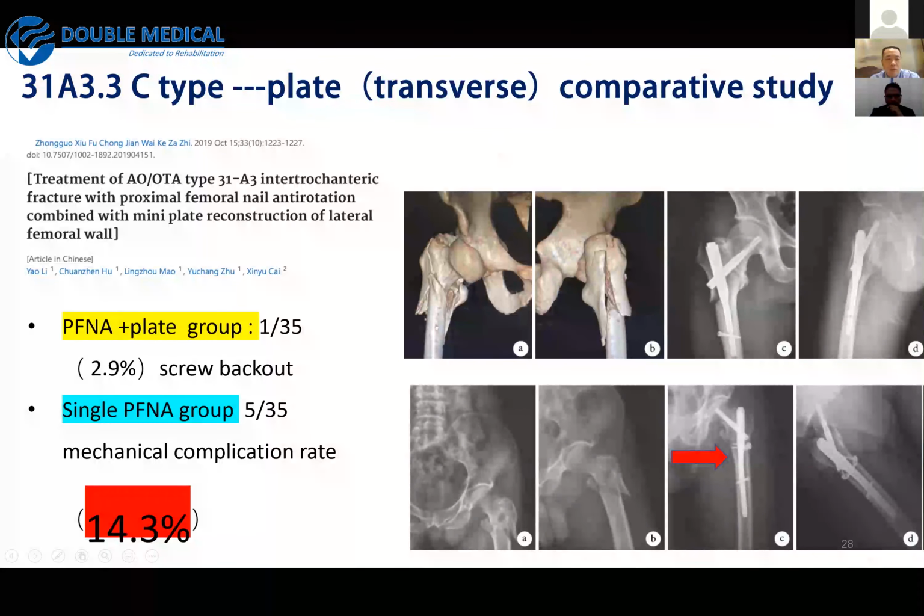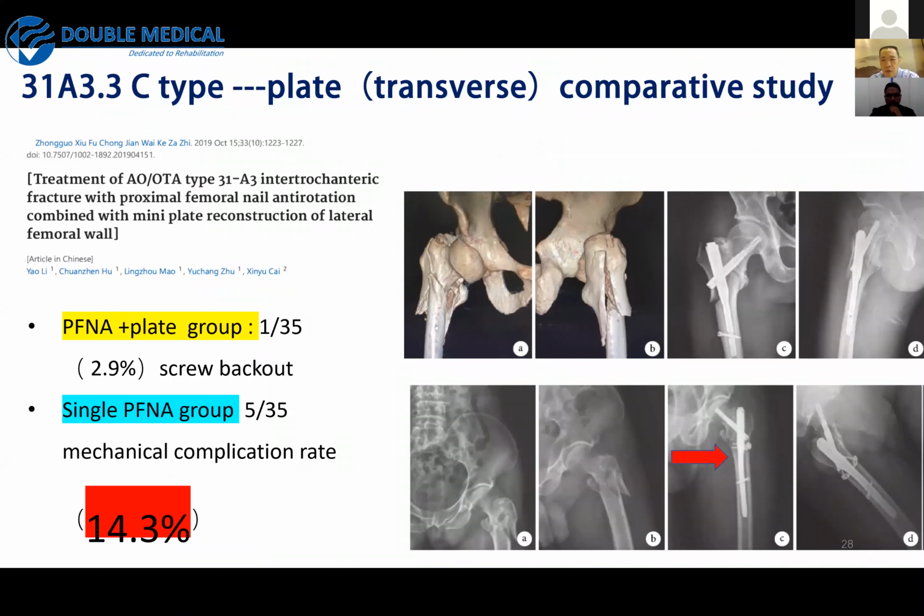You can use plates transversely as a reduction plate. It's a comparative study. The single PFNA group has a mechanical complication rate of about 14.3%, but if you add a little plate, the screw backout is only 2.9%.